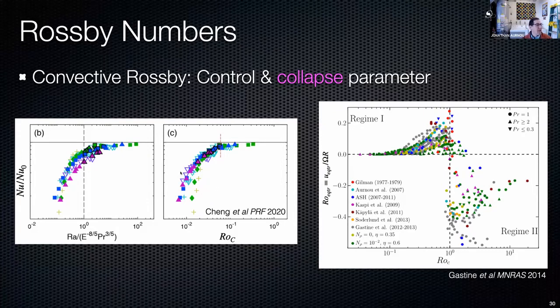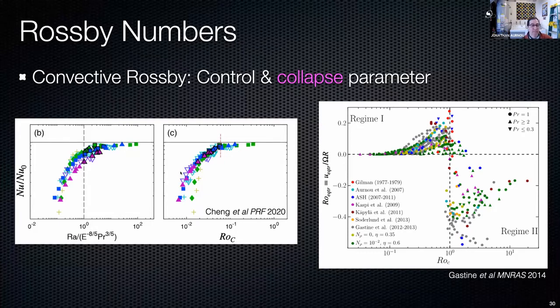And in image B, they're trying to collapse it in terms of a local boundary layer Rossby number. Pretty good collapse of all their data. And on the right, they do the same thing with convective Rossby, and again, it collapses the data fairly well. So people are often trying to collapse their rotating convection data with either local Rossby numbers or convective Rossby numbers.